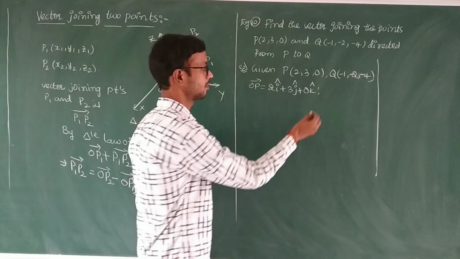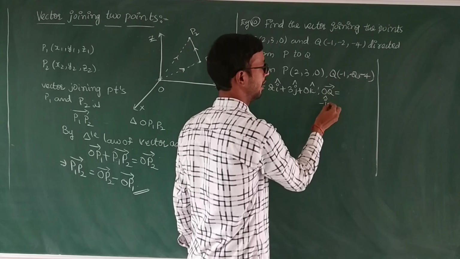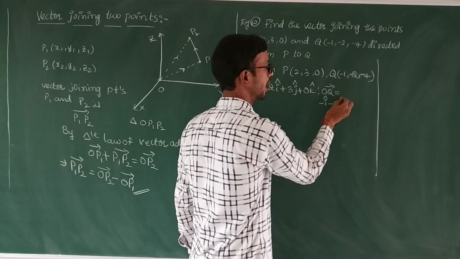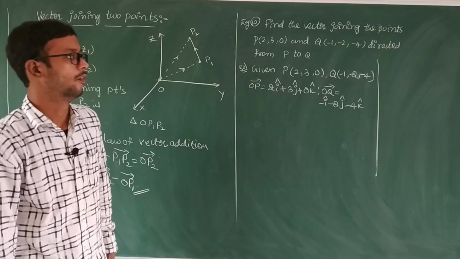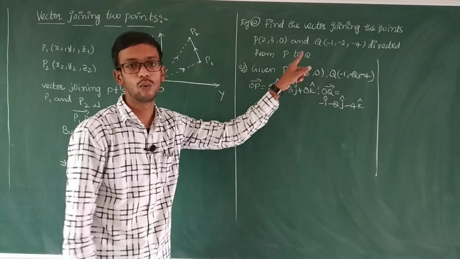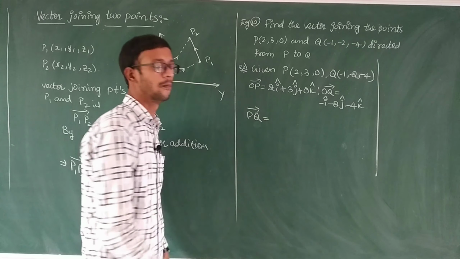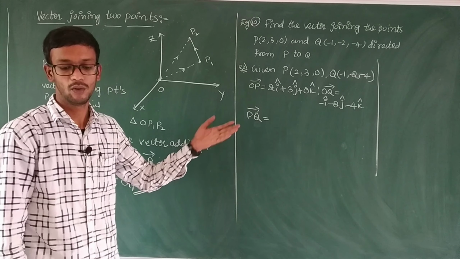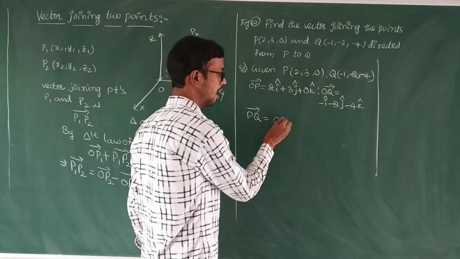Next one, OQ bar equal to minus i cap minus 2j cap minus 4k cap. We need from P to Q, the vector PQ bar. PQ bar is equal to, by the formula, OQ bar minus OP bar.